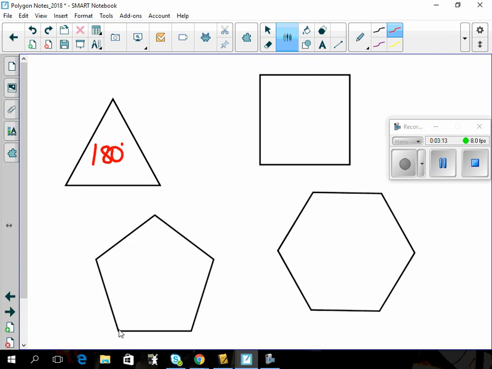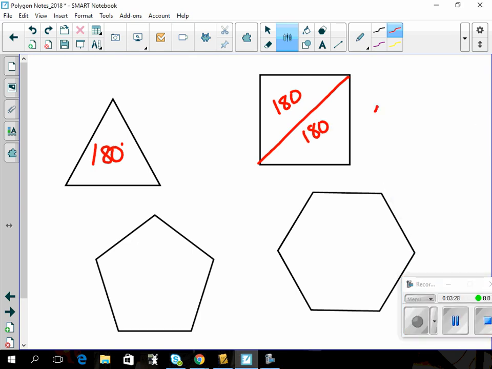You're just going to divide them into triangles. If I just draw from corner to corner, how many triangles do I have here? I have 2 triangles, each that are 180 because I know that's what a triangle is. What is 2 times 180? Okay, so the total in any quadrilateral is 360.